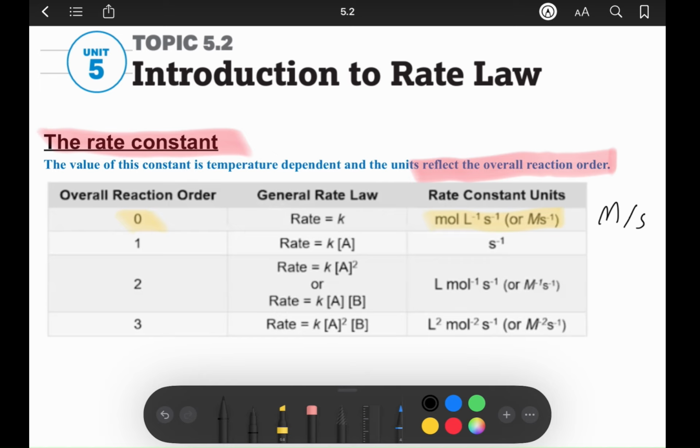Keep in mind that M per second means molar per second, and the unit of concentration is mole per liter, which is represented by molarity, M. The same thing for a first order reaction: the unit of K is s to the power -1. For second order, it is as follows here.